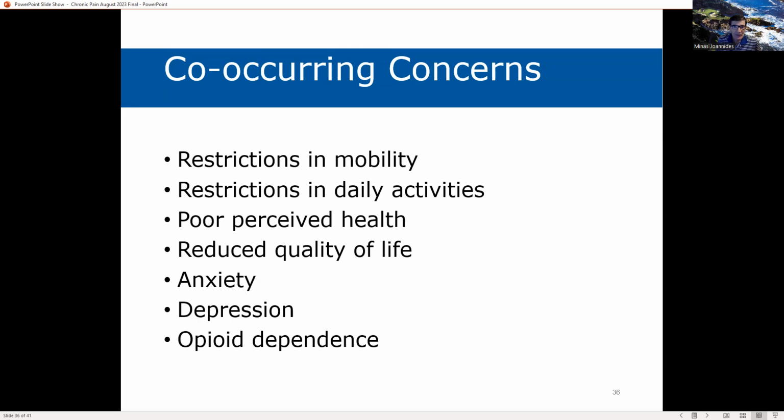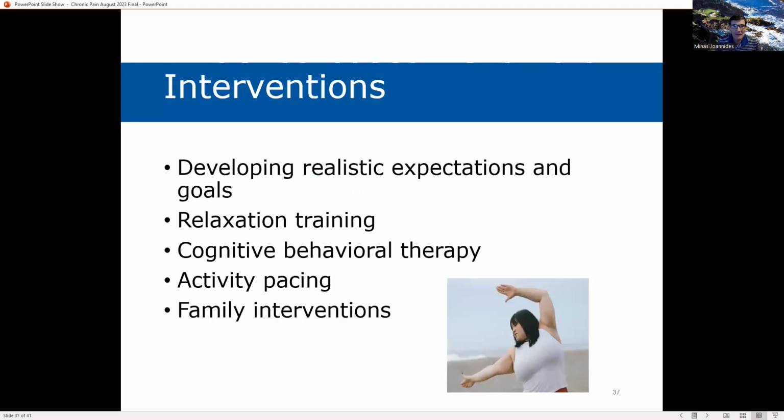Co-occurring concerns, and what else happens in the person's life in addition to the chronic pain, which makes their life less enjoyable and more difficult to live in.